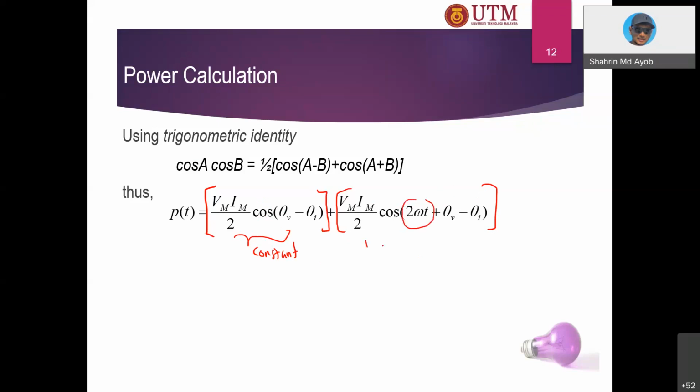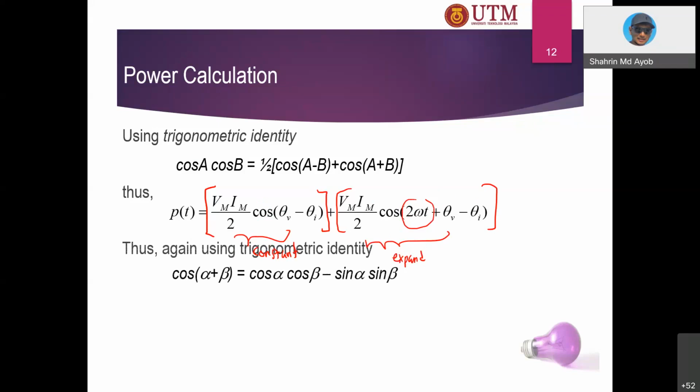So we want to expand this further, and we use a trigonometric identity also. We know that cos(alpha plus beta) is equal to cos alpha cos beta minus sin alpha sin beta. So this one is your alpha and this one is your beta, cos(alpha plus beta).